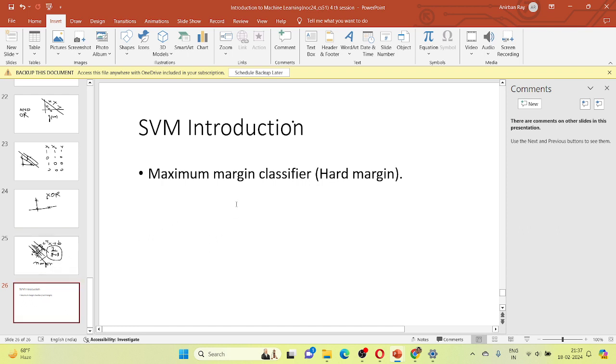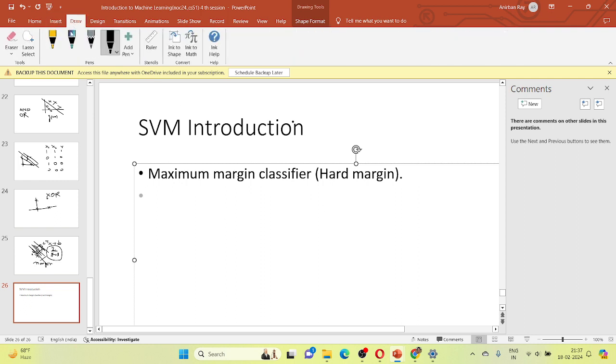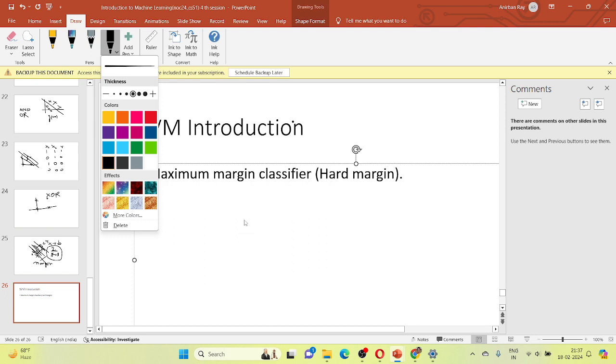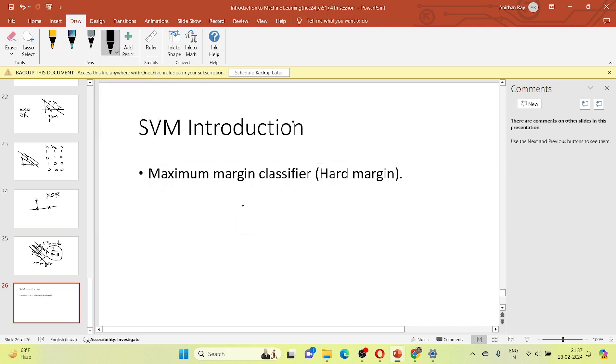I am going to minimize the square of this L2 norm. Our ask is that I need to minimize this to get to the SVM classifier. So this is our minimization problem here.